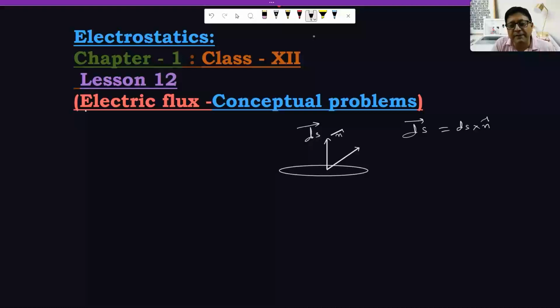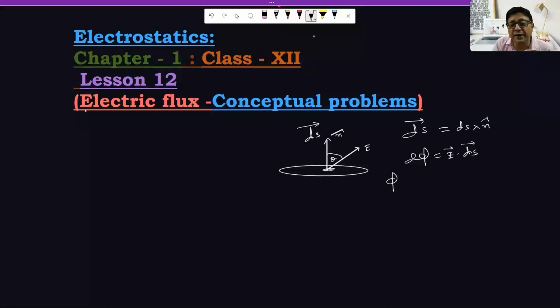If electric field vector makes an angle theta with the direction of area vector, then on a small portion, if you consider the small area, d phi equals E dot ds, the dot product between electric field vector and ds vector.